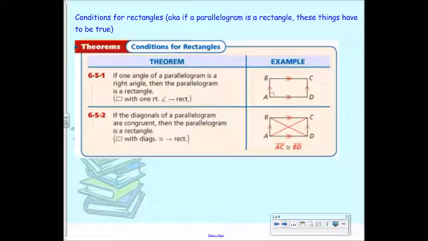How do you know that? Why does that have to be true? If one angle of a parallelogram is 90 degrees, how come it has to be a rectangle? Not quite, because you don't have inside-outside angles.